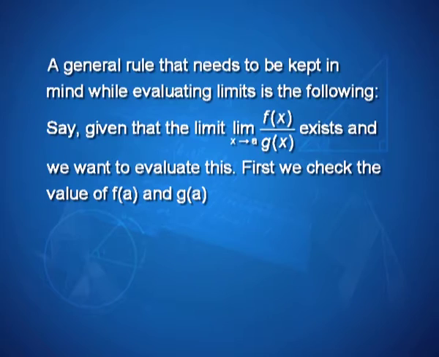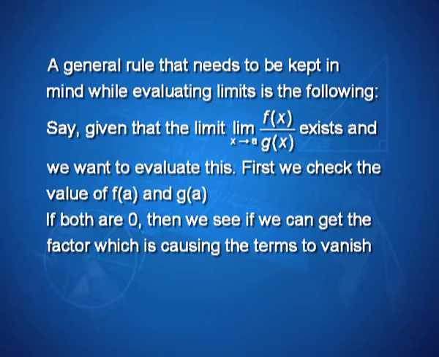A general rule that needs to be kept in mind while evaluating limits is the following. Say, given that the limit of f of x upon g of x as x tends to a exists and we want to evaluate this. First, we check the value of f of a and g of a. If both are 0, then we see if we can get the factor which is causing the terms to vanish.